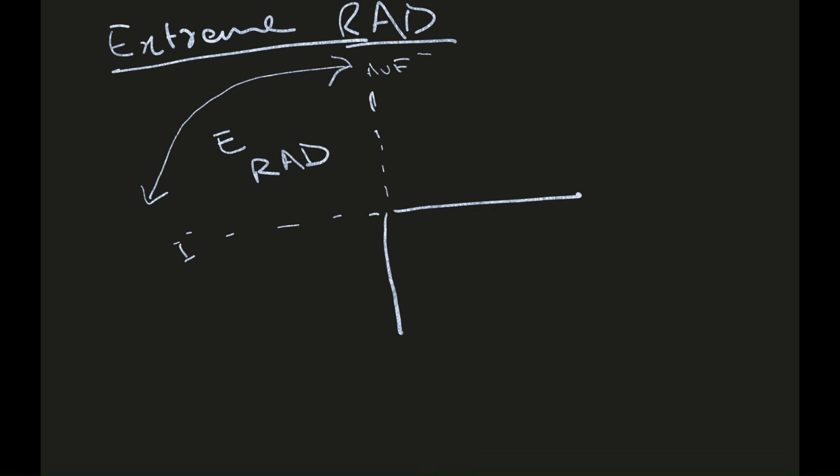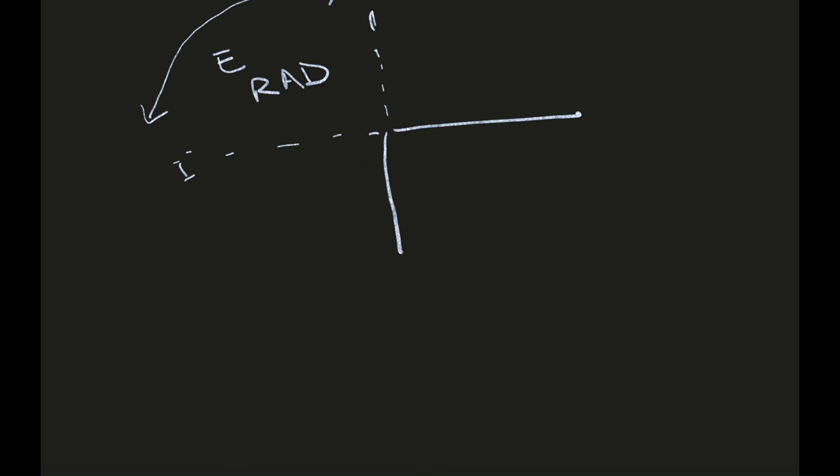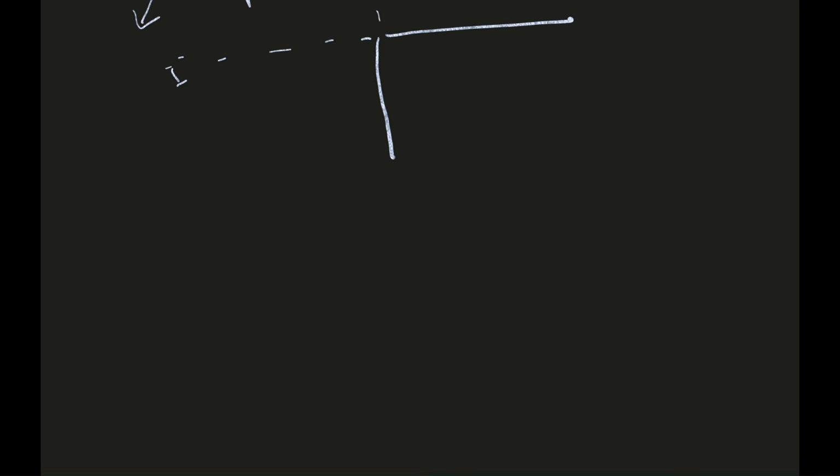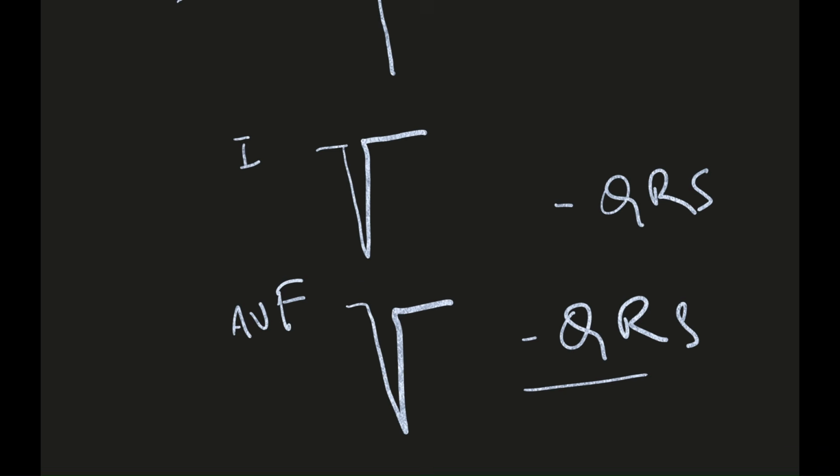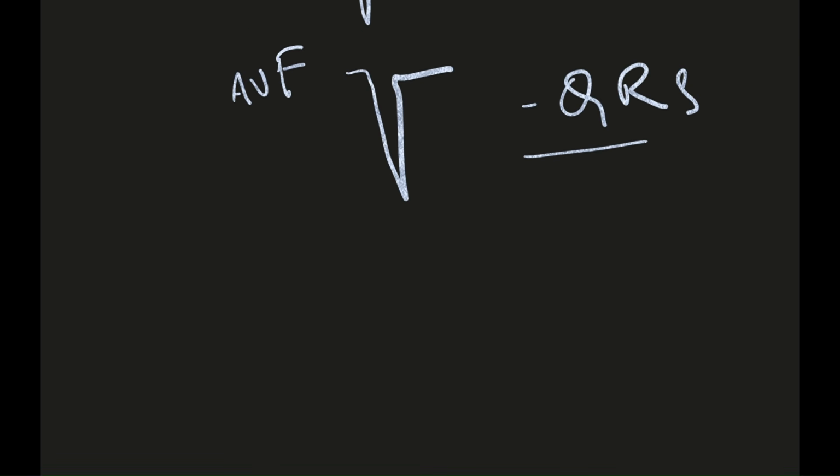This is the negative region of both leads. What you will see in ECG, lead 1 will have negative deflection and AVF will also have negative deflection. So they both will have negative QRS complexes. That's how you can determine the axis in any ECG.